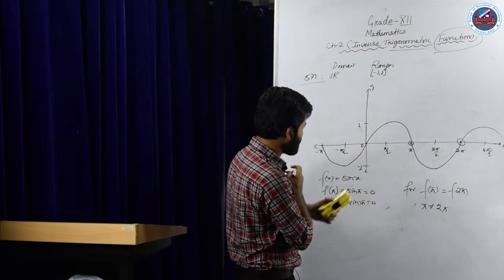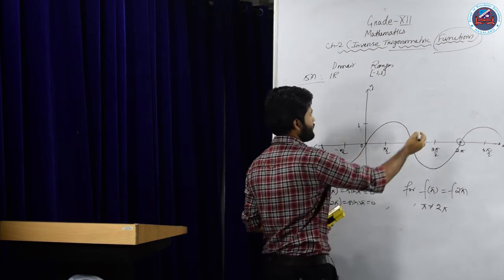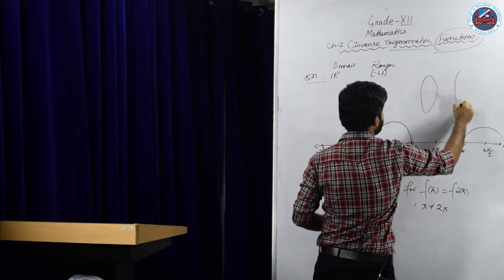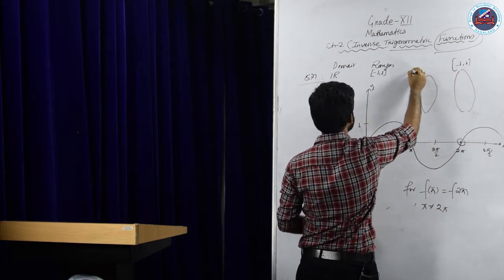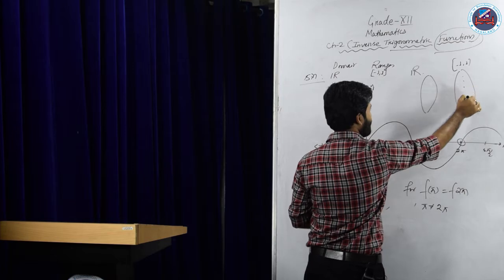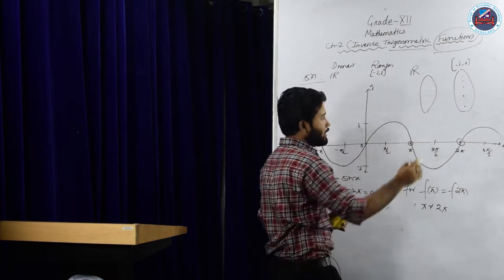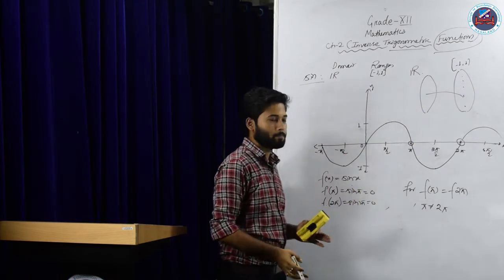Easily from the graph we can see, for onto, what do we need? The range is -1 to 1 and the domain is the set of real numbers. That means whatever value we take from the codomain must be associated with at least one element of the domain.